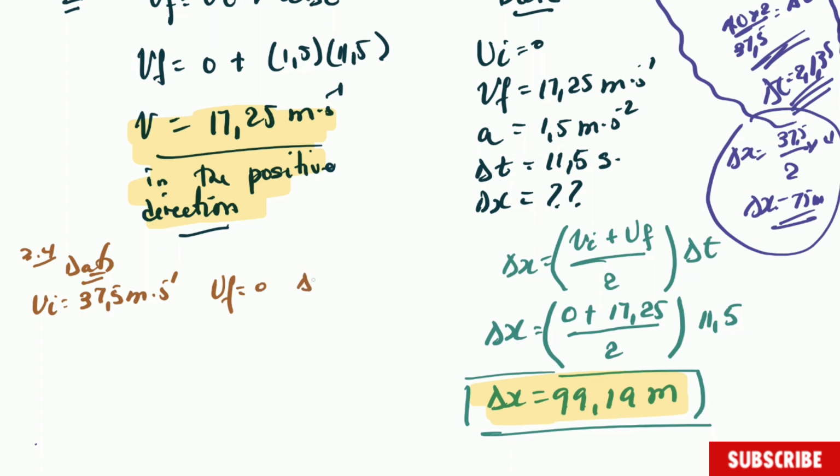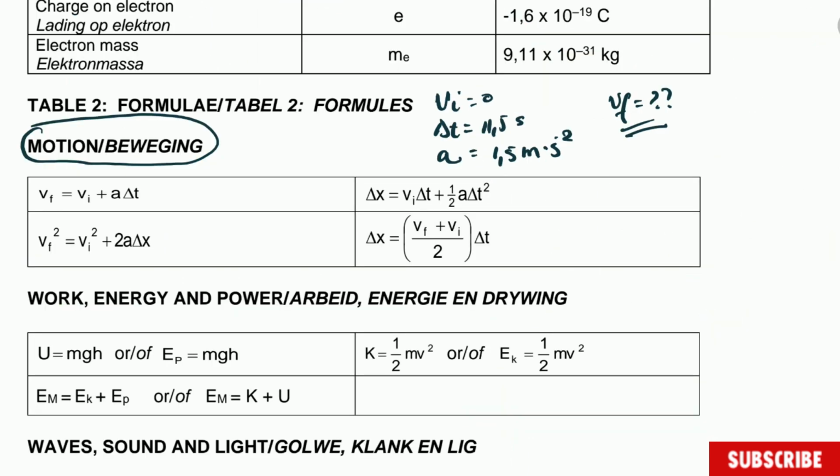We have that the displacement is equal to 40 meters. We're looking for acceleration. So what is the best formula to use here? According to the data, this is the only one we have to calculate there. So we are going to take that formula, do the substitution, and calculate the acceleration.